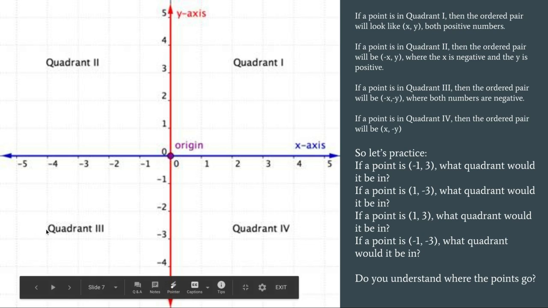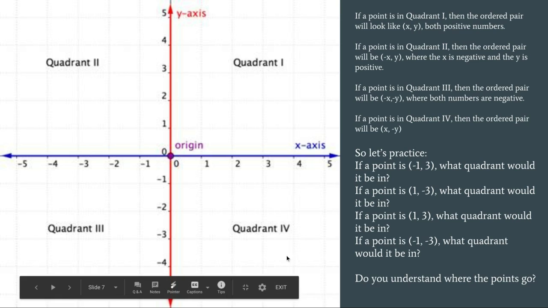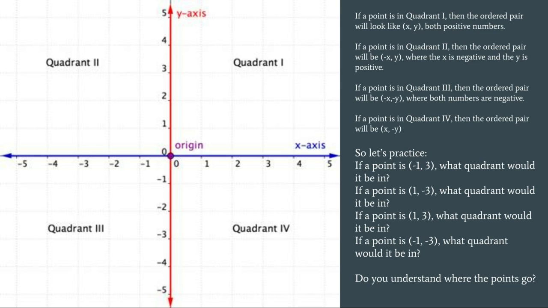If a point is in quadrant 3, then the ordered pair will be negative x, comma, negative y, where both numbers are negative. If a point is in quadrant 4, then the ordered pair will be positive x, comma, negative y, where the y is negative and the x is positive.